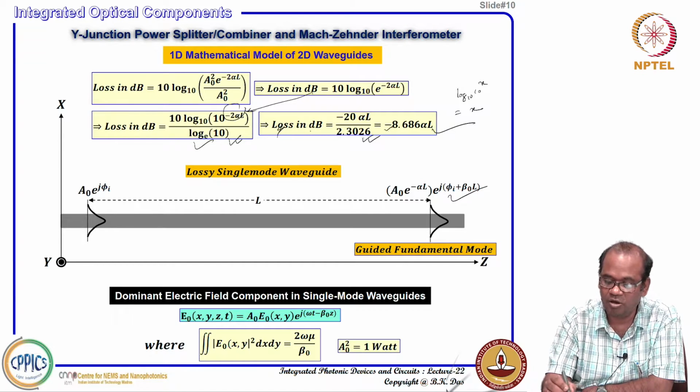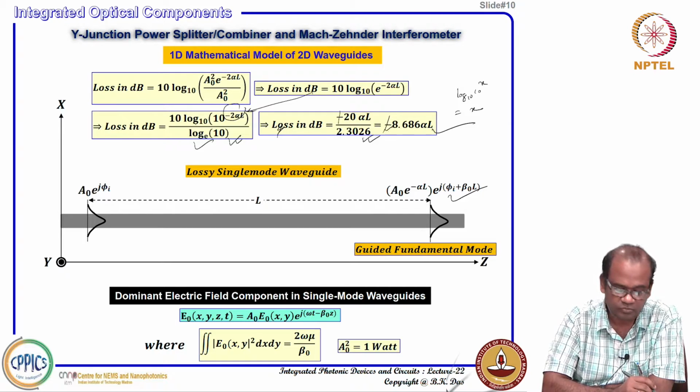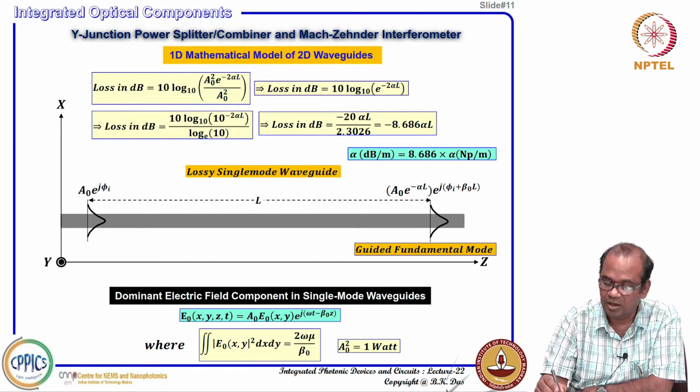Whenever you are considering loss, you probably do not need to write the minus; you can simply write plus. So if you want to represent alpha in decibel per meter, the SI unit, I can remove L, and then it is 8.686 multiplied by alpha in Neper per meter.